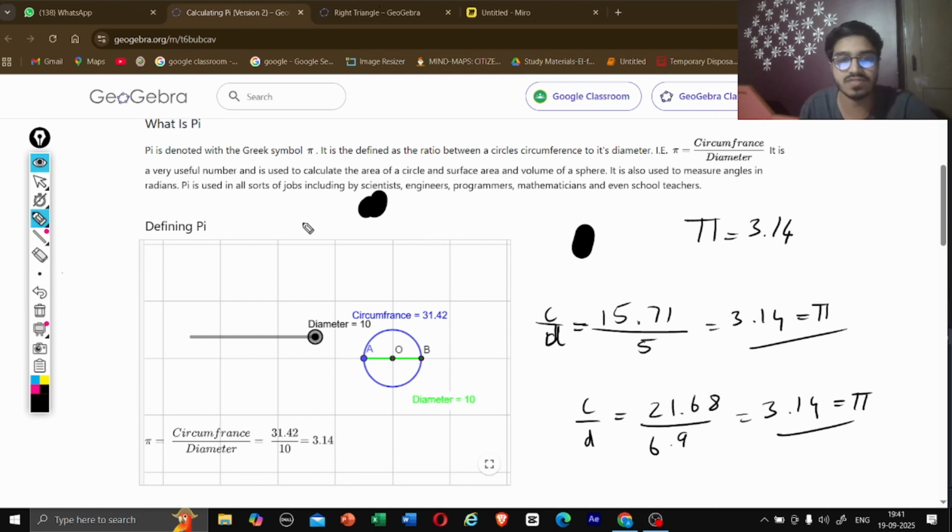So what is the area of a circle formula? Pi r square, right? Area of a circle is equal to pi r square. And the formula for circumference is C is equal to pi d or 2 pi r, right?